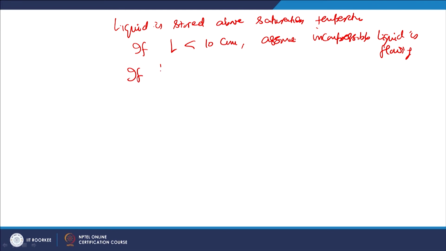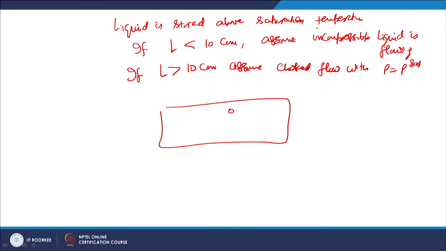Now, if L is greater than 10 centimeter, assume choked flow with P equal to P saturation. Like this, here the P1, this is the length L, and this is the P2. So, this is the case of adiabatic flashing through holes.